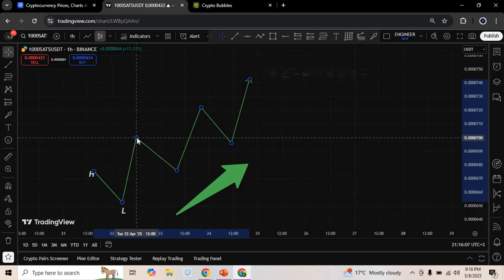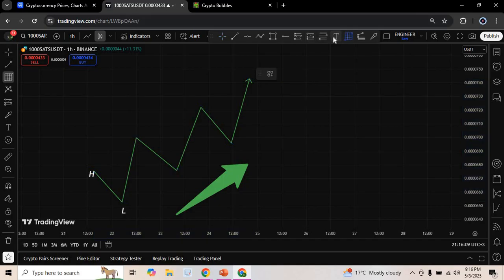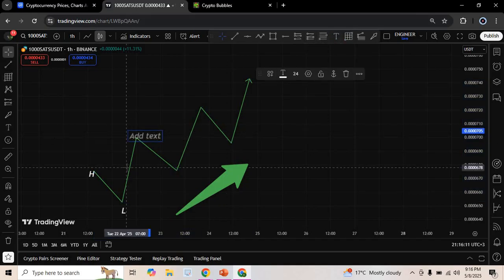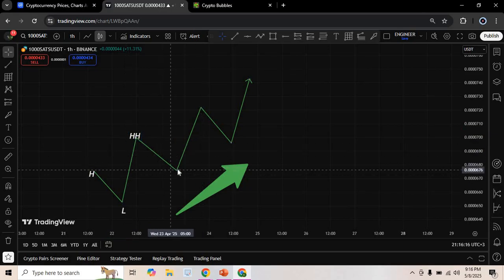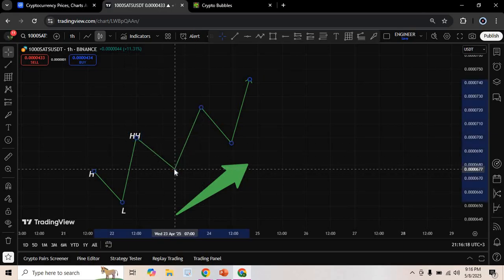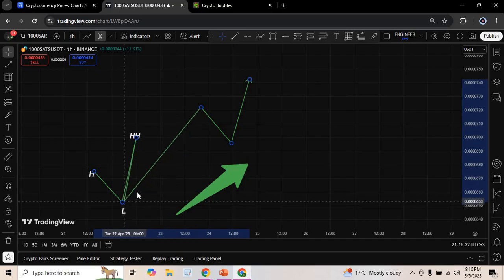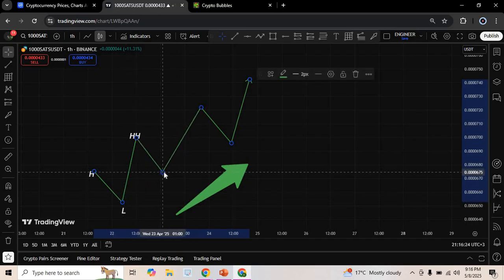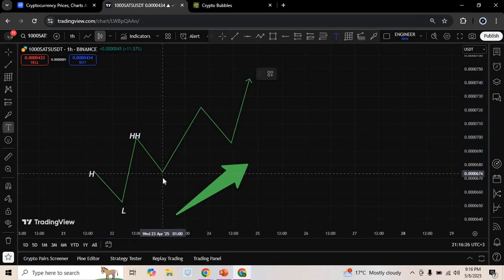So it qualifies being called a higher high. Then we are having a low right here, yes, but it is a low that is higher than this previous low. So it qualifies being called a higher low.